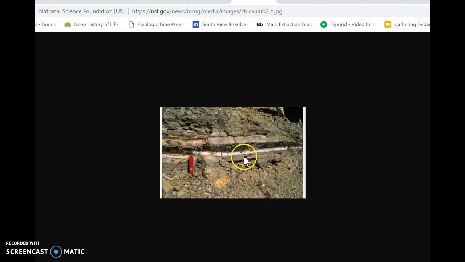And we can conclude that because underneath this layer, scientists see lots of dinosaur fossils. Above the layer of iridium, no dinosaur fossils, which would again make us think that dinosaurs must have been wiped out and went extinct because of this meteor. Otherwise, we should see dinosaur fossils above it. So you might want to pause at this point and write something down for number 3 based off of what I just talked to you about.